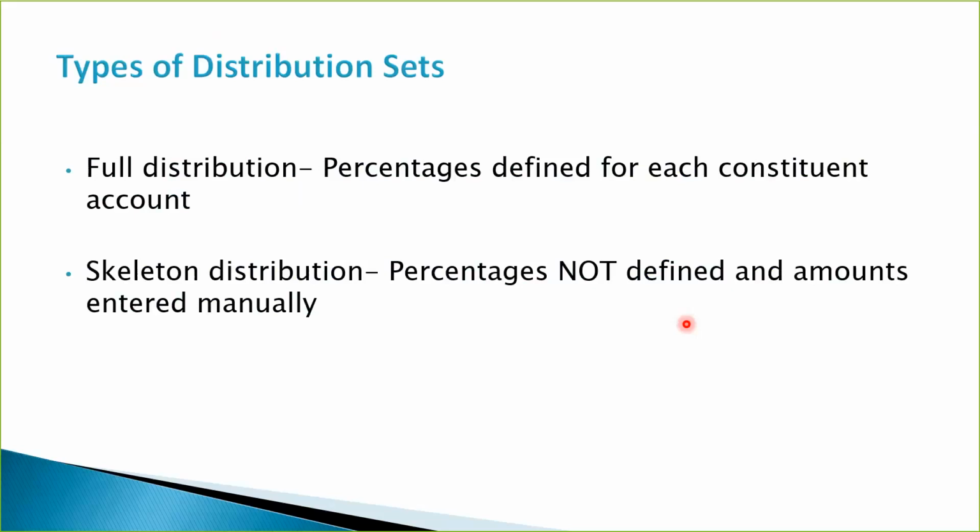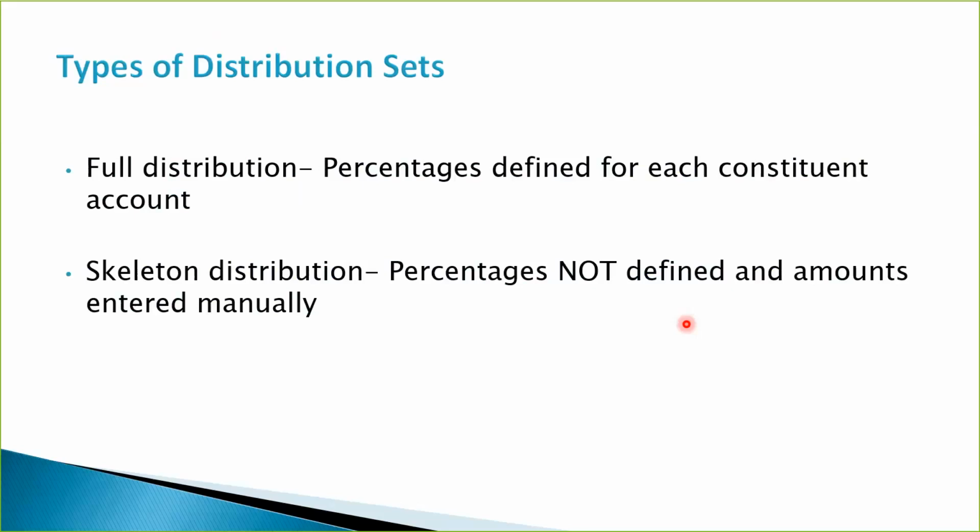So if you have 4 divisions, then you will know that whatever amount you receive on the invoice is going to be split among those 4 divisions equally. So when you're defining this distribution set, you will define that percentage for each account as 25%, or depending on the number of splits that you're going to have, the appropriate percentage amount.